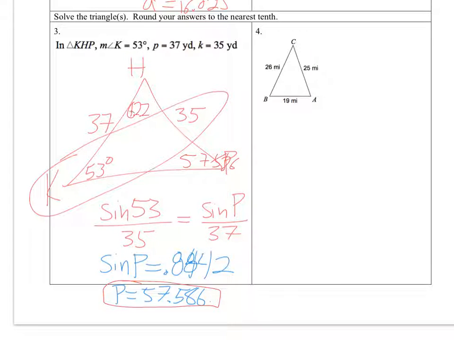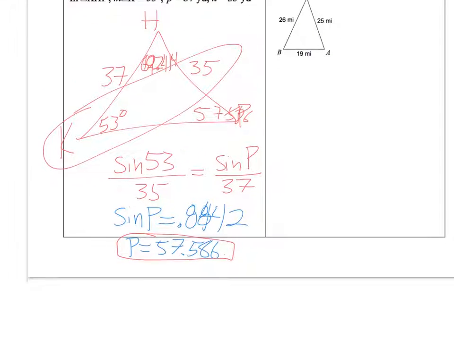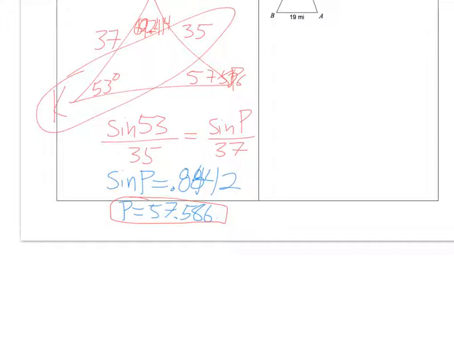It's going to be 69.414. That was Carolyn, by the way. She says hello to everyone, and hello. So that means that angle H is 69.414. Finally, I could use law of sines a third time to get that last unknown, which is side H.